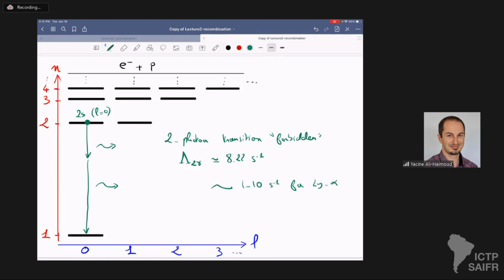So in fact, this 2 photon transition was first figured out simultaneously by Zeldovich, Kurt, and Sunyaev, and also by Peebles, both in 1968. And they both recognized the importance of this forbidden transition to the recombination process.